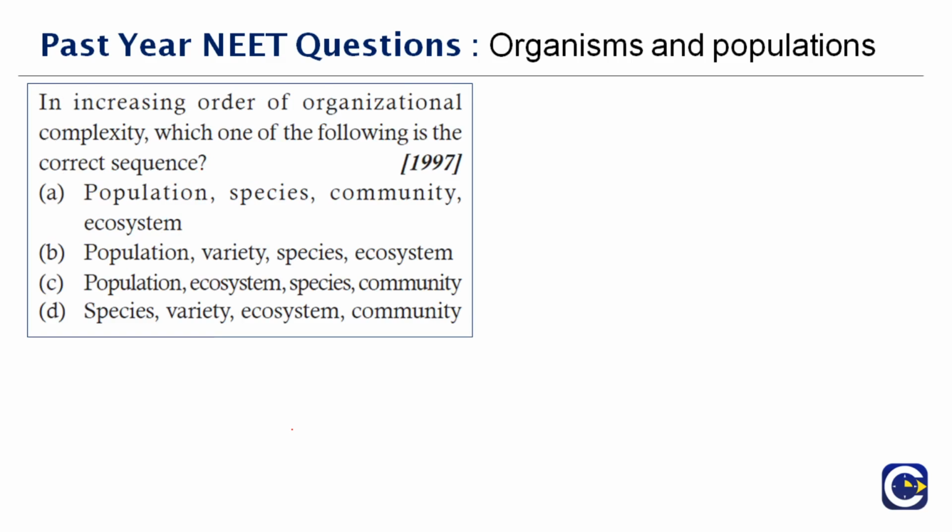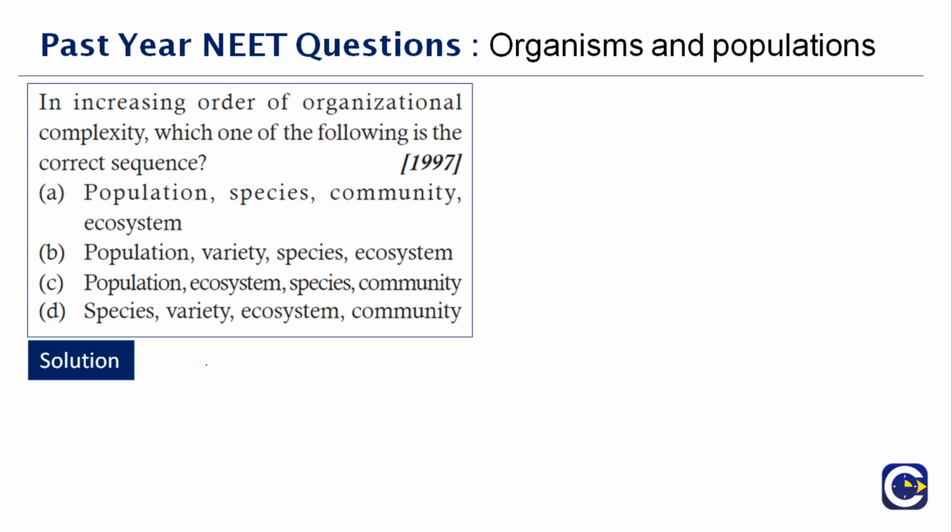Next question here. In increasing order of organizational complexity, which one of the following is the correct sequence? Very easy question. You don't need a proper explanation for this, but just looking at the options, I'm sure you'll be able to say. They're asking us in the increasing order.